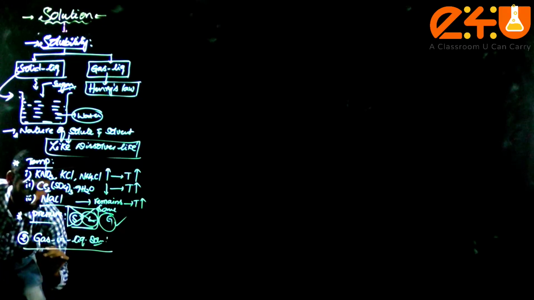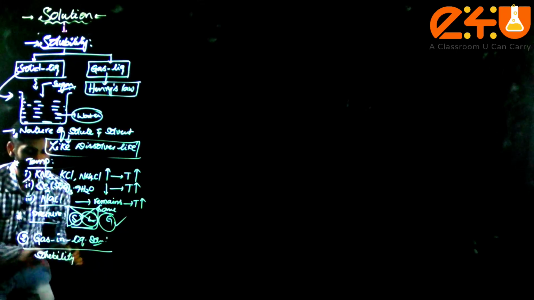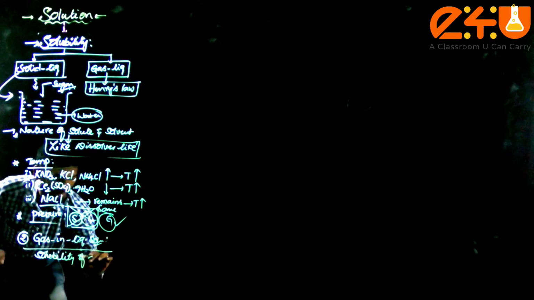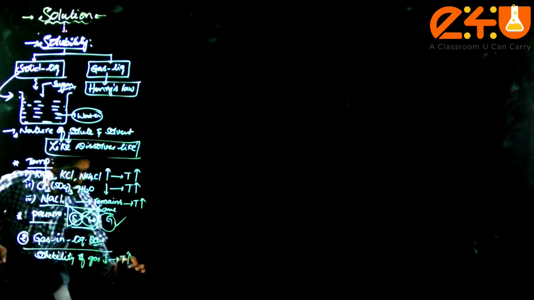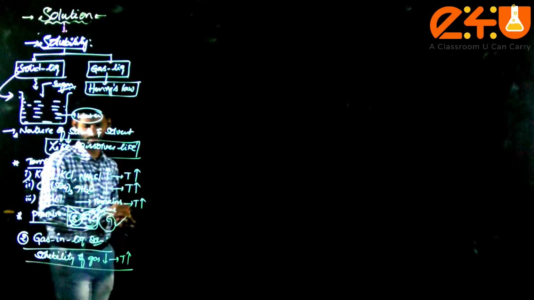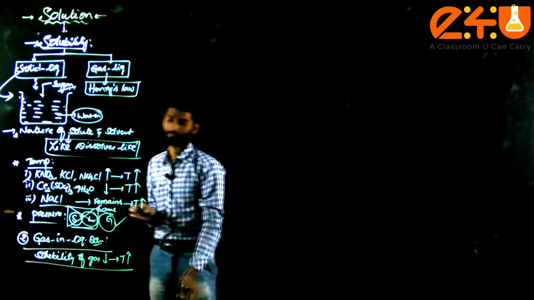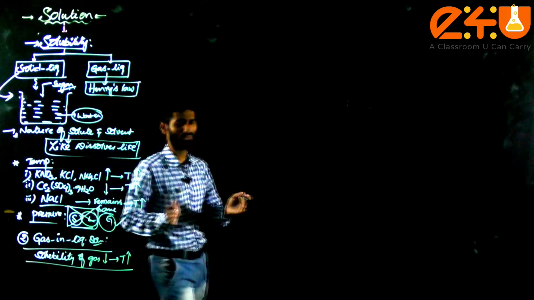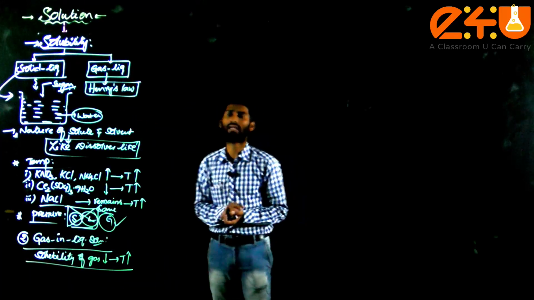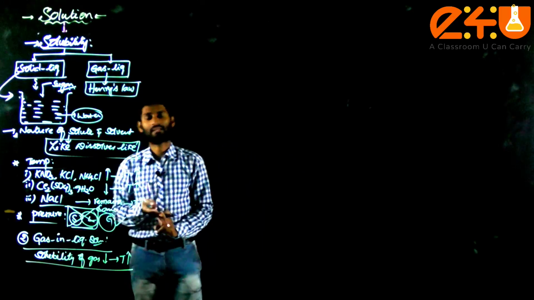Now the solubility of gas, very important: temperature effect. The solubility of gas decreases with rise in temperature. Very important point. Next, consider those gases which form ions, such as ammonia and HCl.